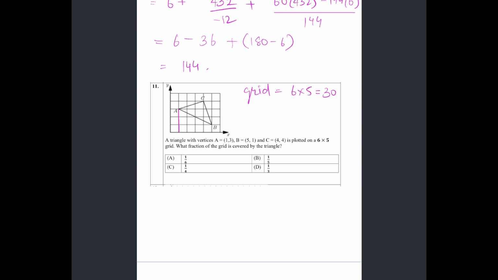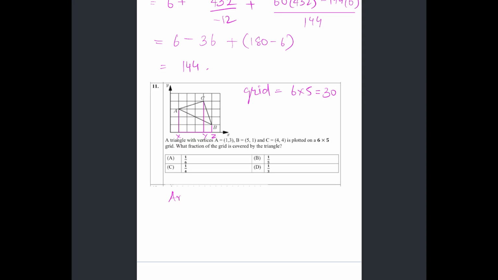Now what is the area of the triangle? So let's draw these lines here, right? Let's draw these 3 set of parallel lines, and let's name the points as X, Y and Z, right? So what do we need?